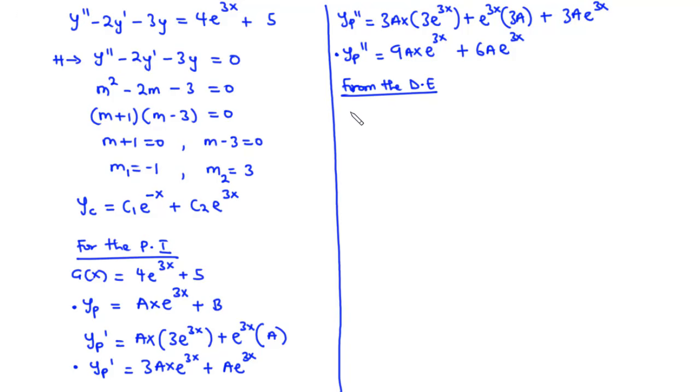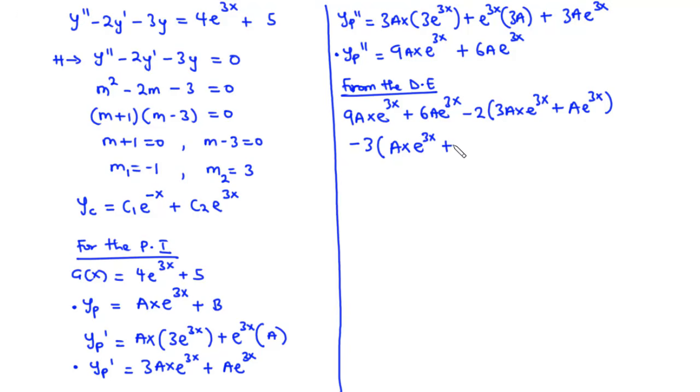So that's going to be 9ax e^(3x) + 6a e^(3x) minus 2 times y', so we have 3ax e^(3x) + a e^(3x), minus 3 times y, so ax e^(3x) + b, equals 4e^(3x) + 5. So now let's expand and simplify.